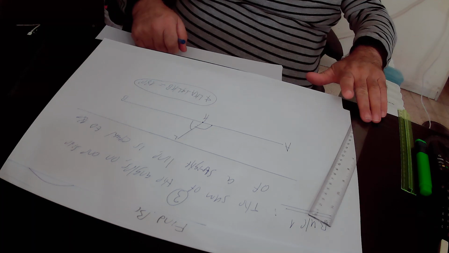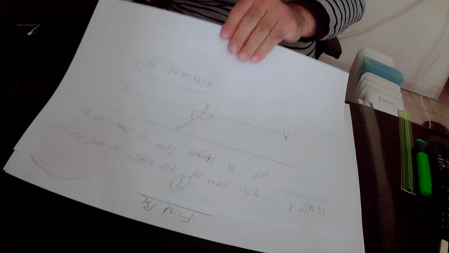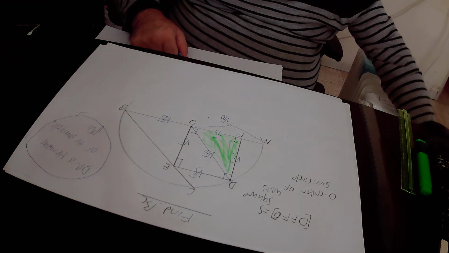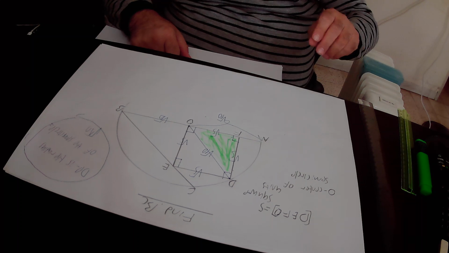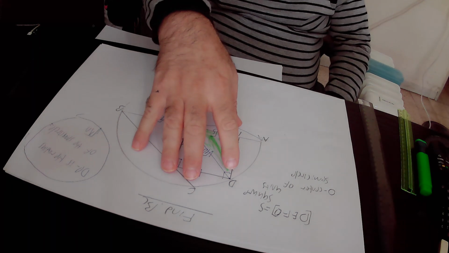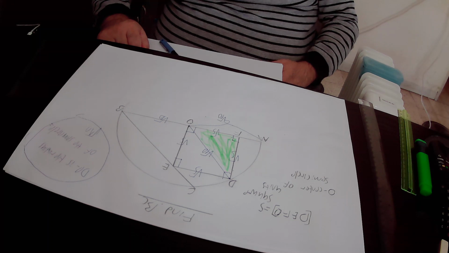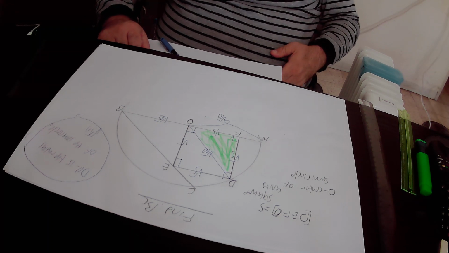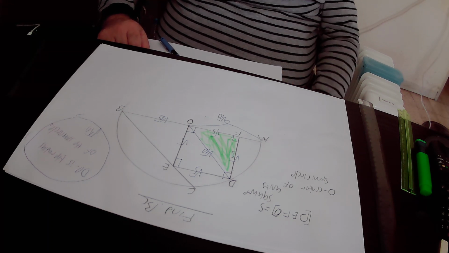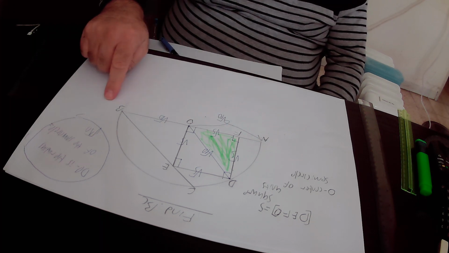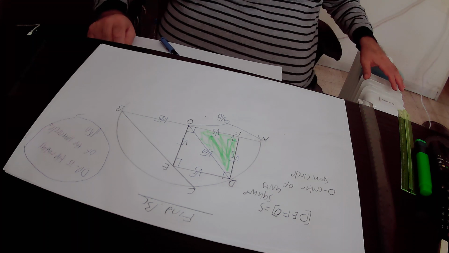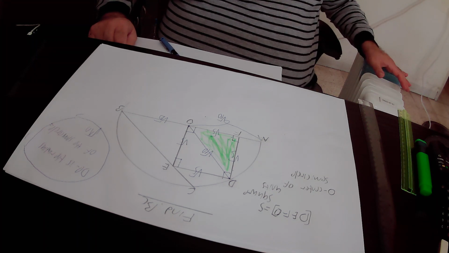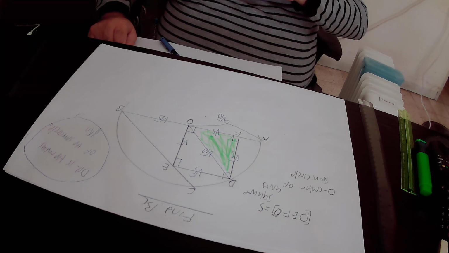Okay, so we can implement rule number 1 in our drawing. Why? Because in our drawing we have the semicircle, according to what is given in the question. And here, AB is the diameter of the semicircle. So AB is the diameter of the semicircle, it is absolutely a straight line.